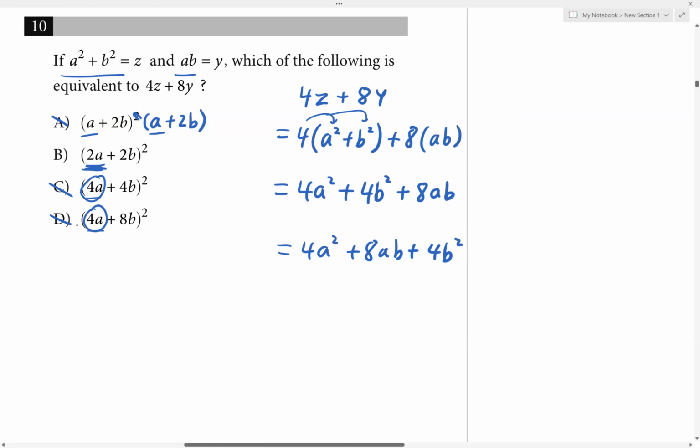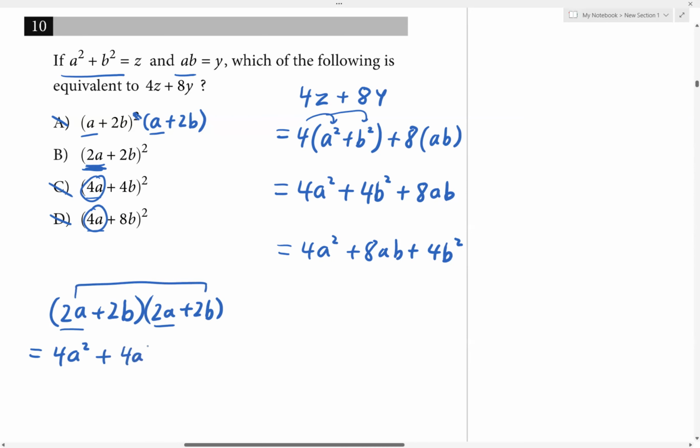So if you want to make sure, if you multiply this out, you have 2a plus 2b squared, so it's the same as 2a plus 2b times 2a plus 2b. And if we multiply this out, this should give us the first term, 4a squared, plus the outer term, 2a times 2b is 4ab.